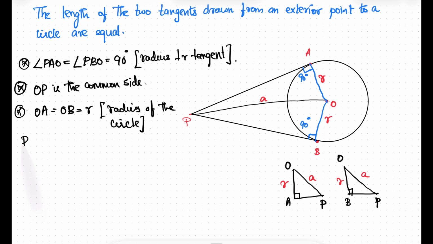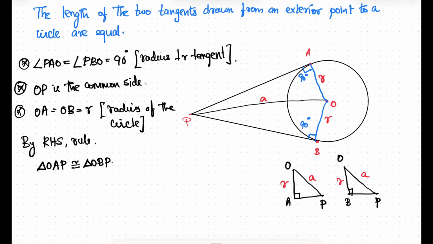Now by the RHS rule, I can say both the triangles are congruent. Triangle OAP is congruent to triangle OBP.